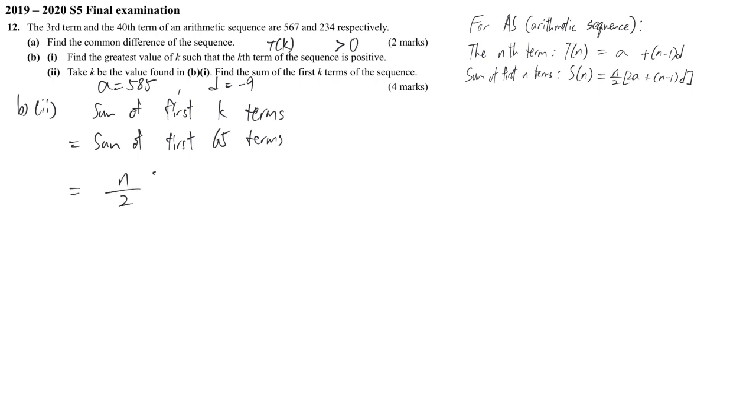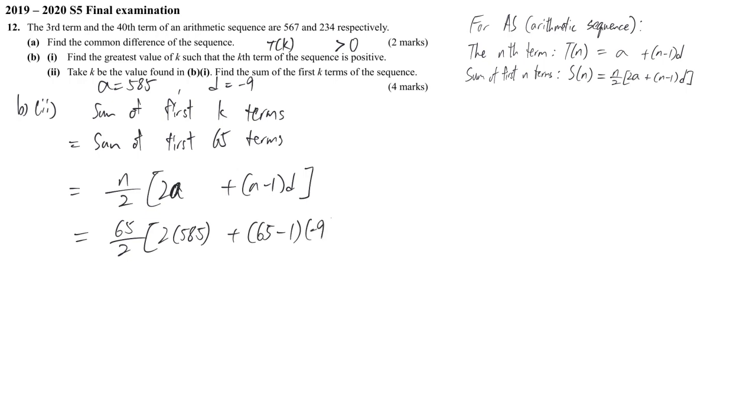Number of terms divided by 2, and then 2 times the first term plus n minus 1 times D. That means the first term plus the last term. N here means 65, A is 585, and D is equal to negative 9. The rest, you just need to use the calculator accurately.